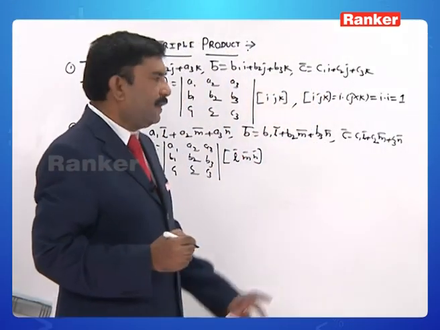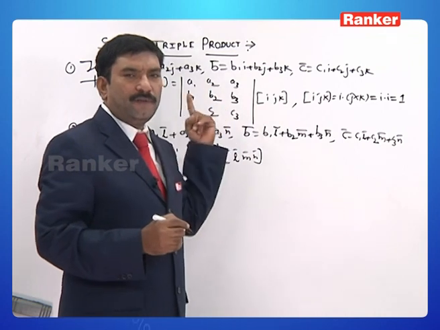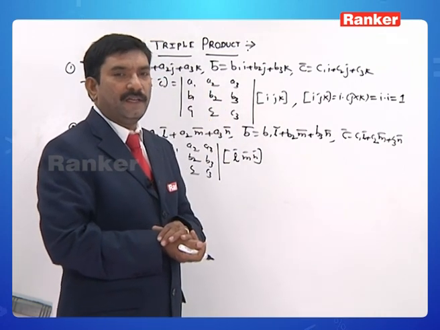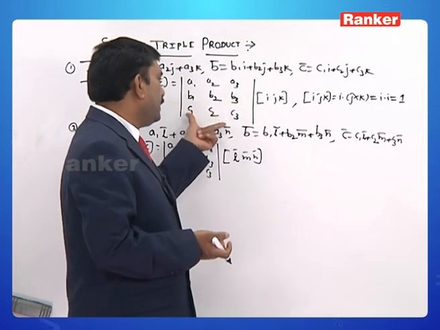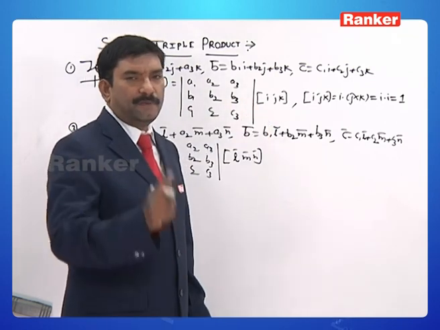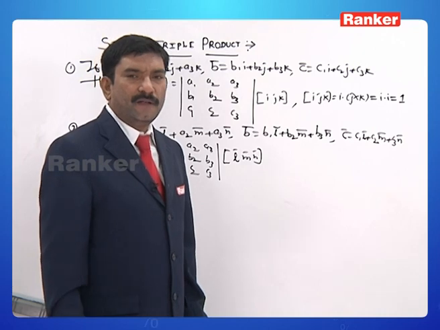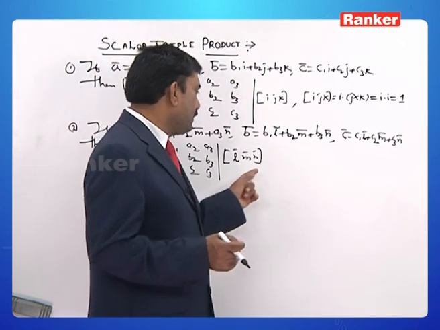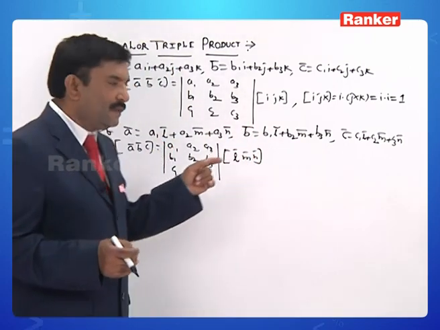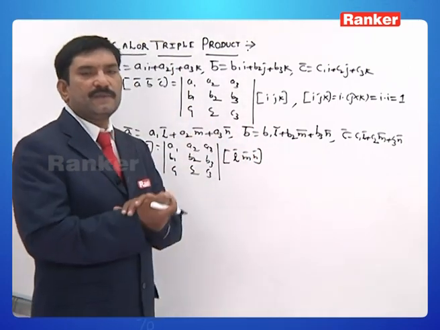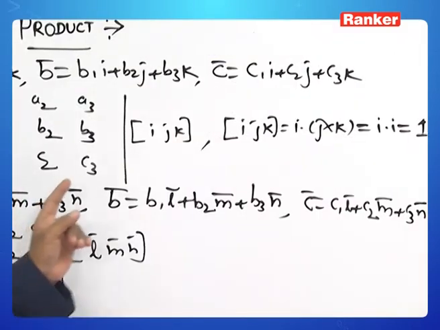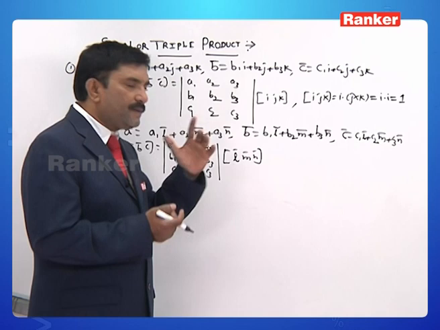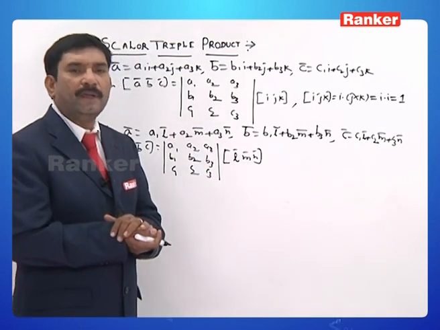Therefore, hereafter, whenever the vectors are given in terms of i, j, k, no need to write the determinant into box of i, j, k because box of i, j, k is equal to 1. If it is other than i, j, k, you are supposed to express it as what? Whatever the vectors are given in terms of L bar, M bar, N bar, that has to come as the determinant into box of L bar, M bar, N bar.